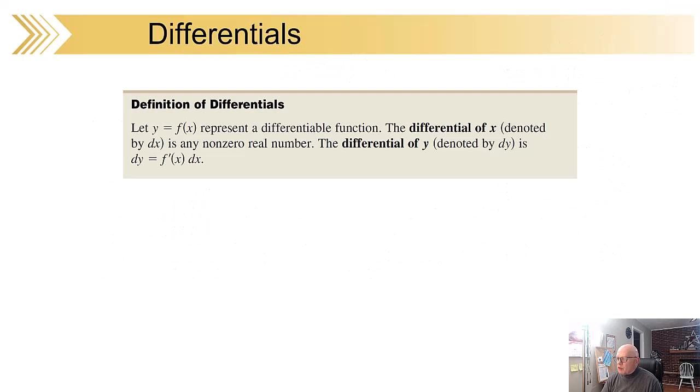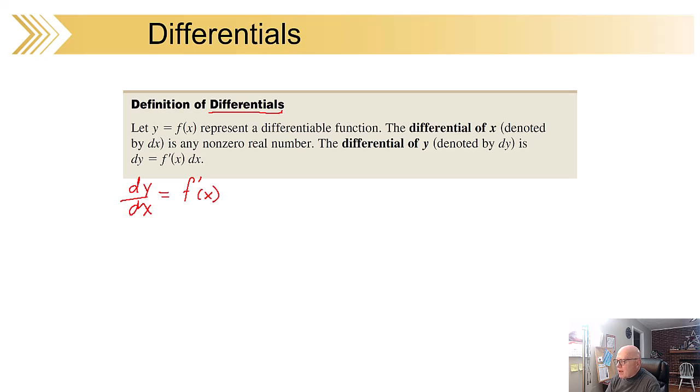So the differential of y. So let's start by writing the derivative like this. And just for convenience, we're going to say dy dx equals f prime of x. Now, all we have to do to slide in the differentials is think of dx as being a separate number.